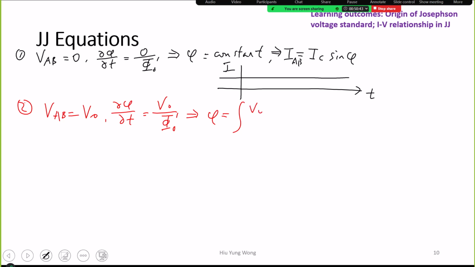Equal to the integral of V0 divided by phi naught dash dt, from 0 to t. But V0 is constant, right? So this is just equal to V0 divided by phi naught dash times t.